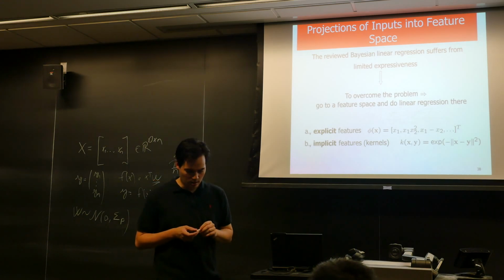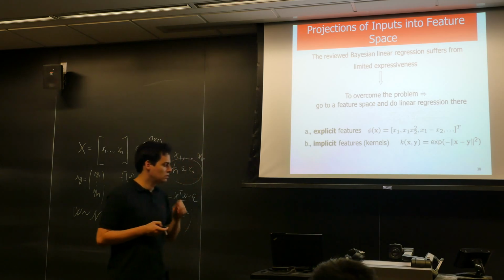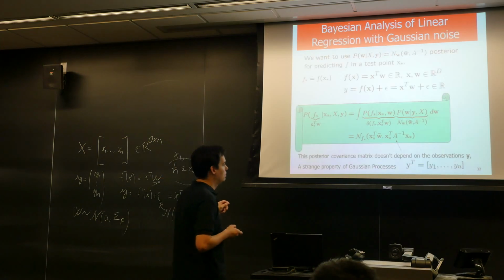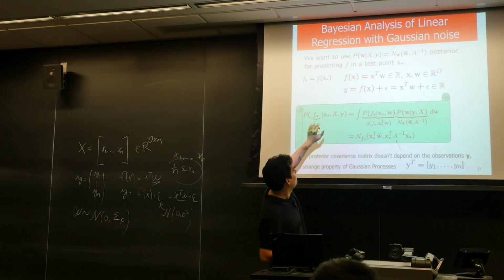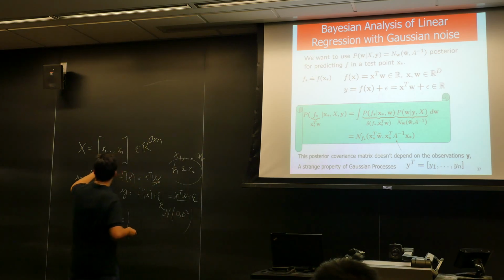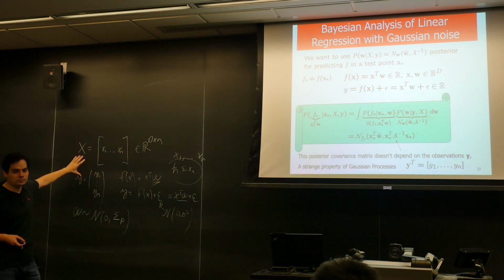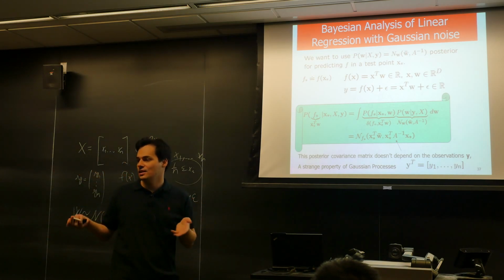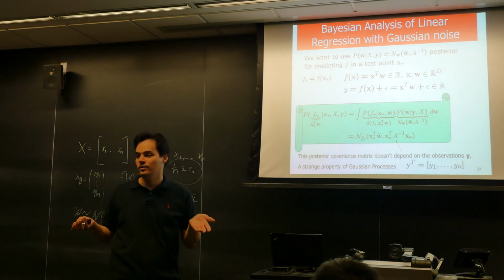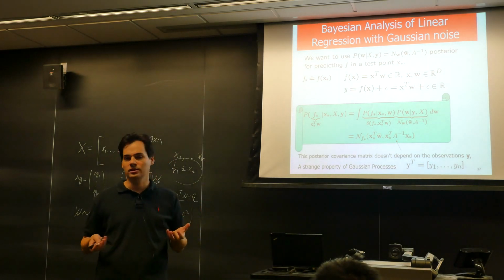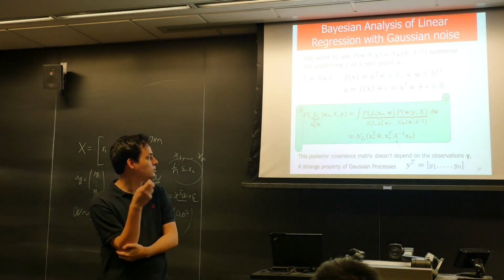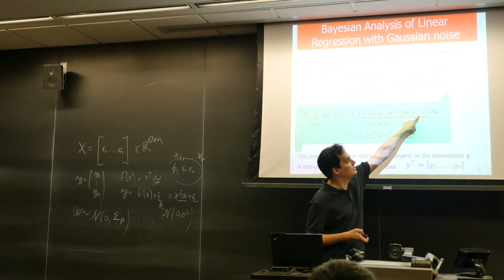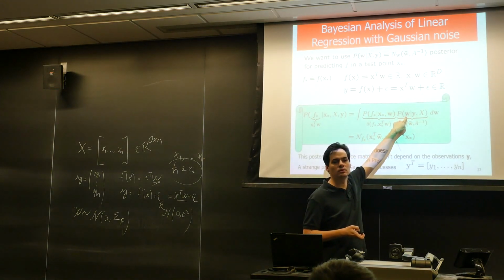Okay, so this is how we do prediction when we have input-output data. All that we did was a Bayesian version of linear regression, where on the W weights we assume a Gaussian distribution. Yes? What happened to the regularization of W? That's hidden in this, because we already calculated the posterior distribution.